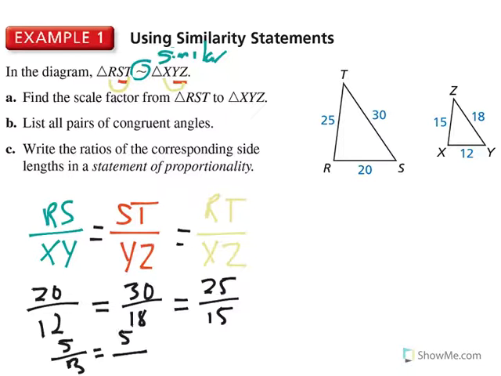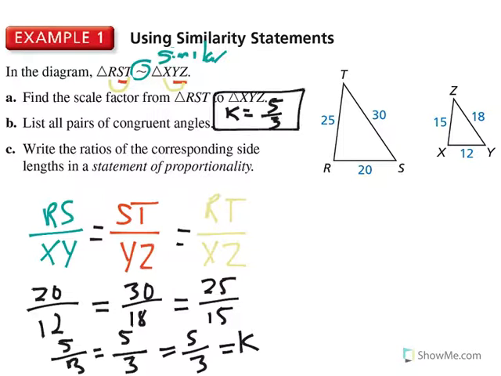So again, I would get 5 over 3. And the last one, they both are divisible by 5. They can reduce down to 5/3. So, since they all reduce to 5/3, that means this is my K. My scale factor, K, is equal to 5 over 3. That's my first answer for A.